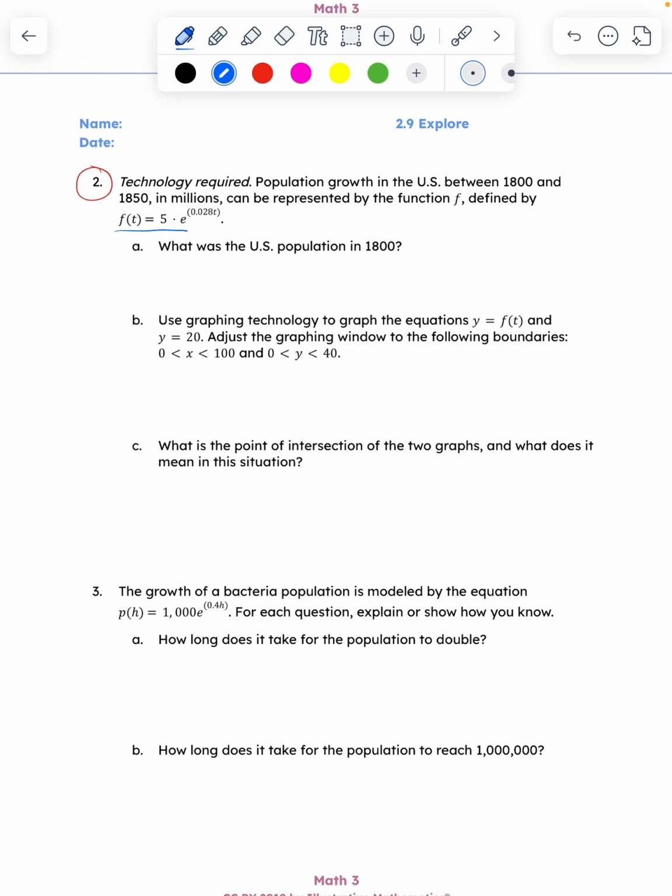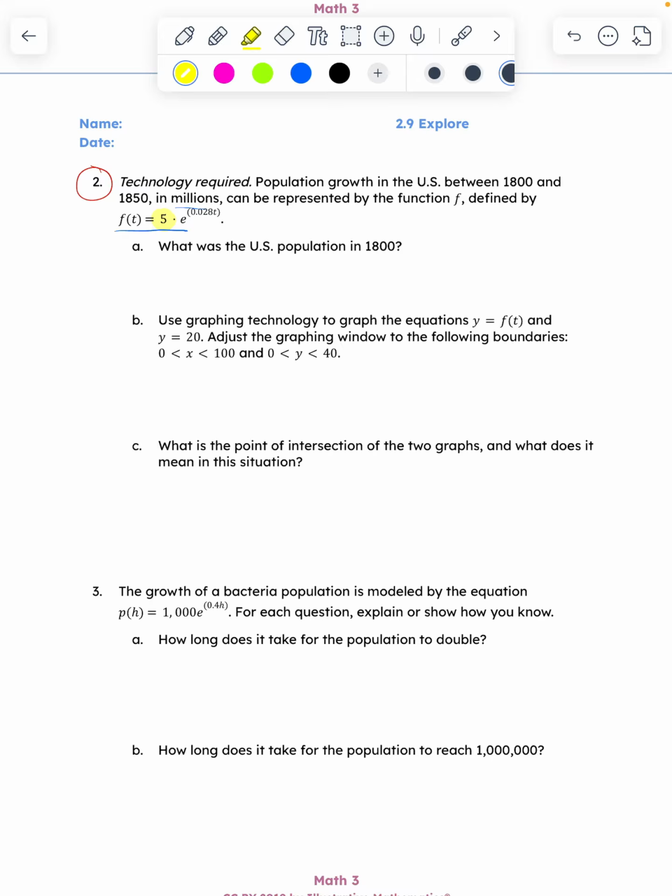We know that it's in millions, so that's going to be helpful to us for keeping our scale in order. First question, not too bad. What was the population in 1800? We can read that right from our equation. Our initial value always lives right here before our base and our exponent. And this is a continuous growth situation.